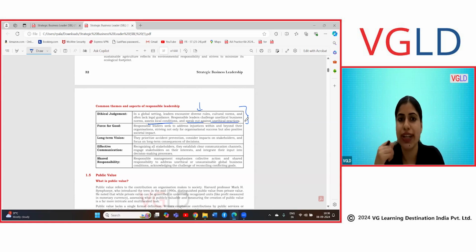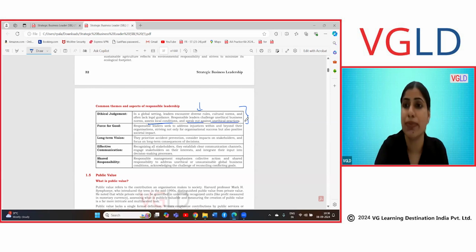Again, force for good: a good leader is one who motivates others and encourages others to change, but that is for the good of all. It's not that he has some personal intention. And a good leader should have long term vision. We have covered that. Without proper communication, I can't be a good leader.